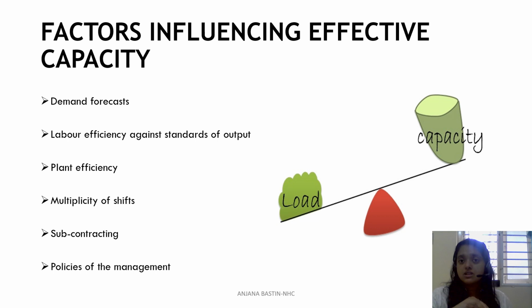Plant efficiency is where you understand the cost, or how efficient your machine is. Would there be more technical breakdowns? Would it have a lot of technical problems? Would it need constant repairs and all that? So you try to analyze whether your plant is efficient enough or not, based on which, like laborers, you would also give it a percentage.